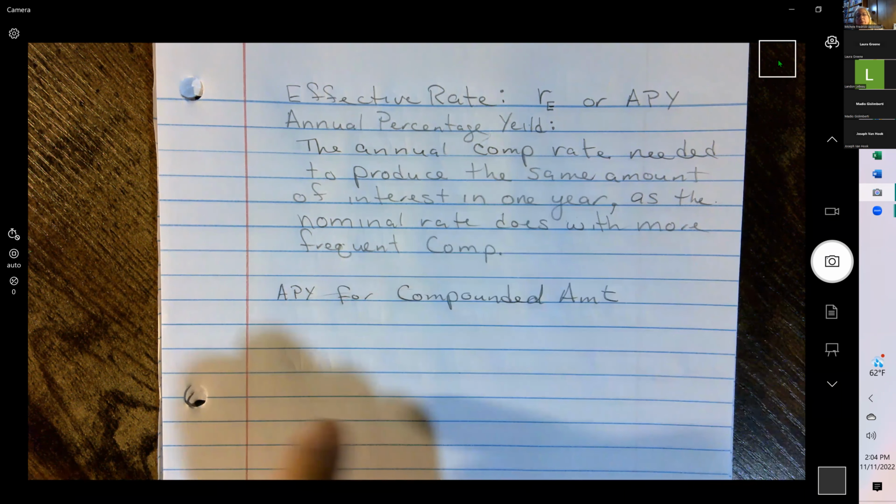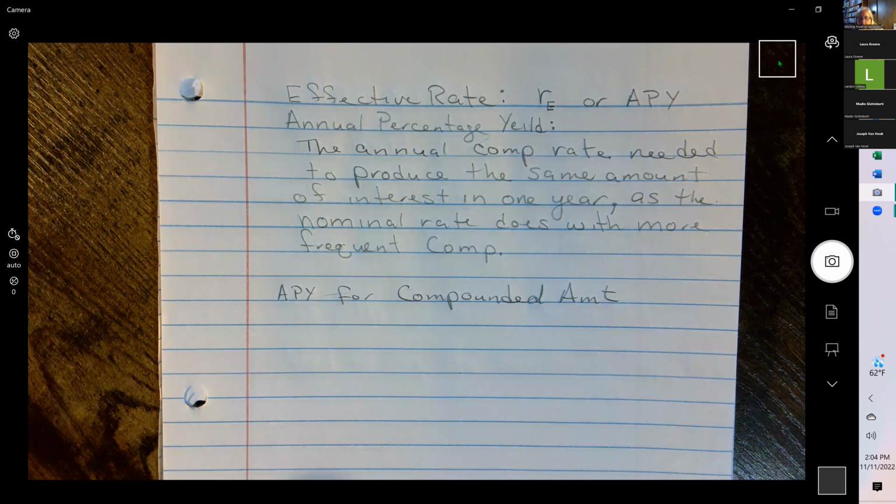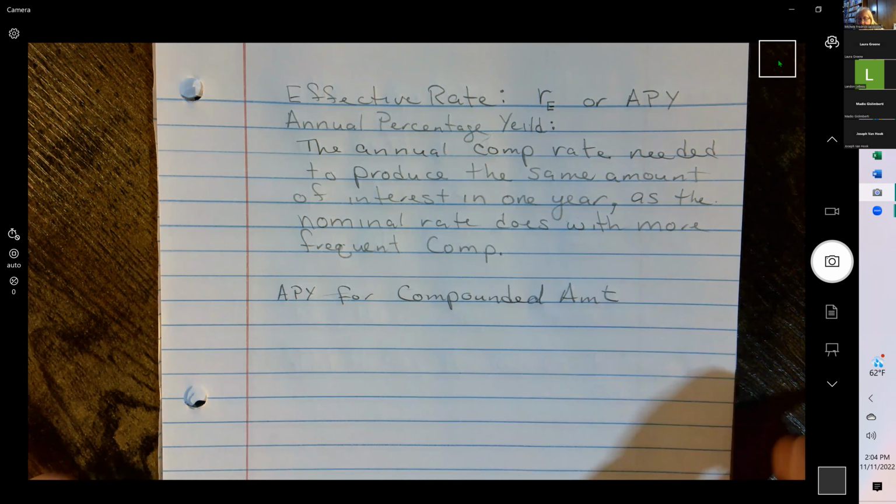There'll be two formulas, one for the compounded amount and one for compounded continuously.